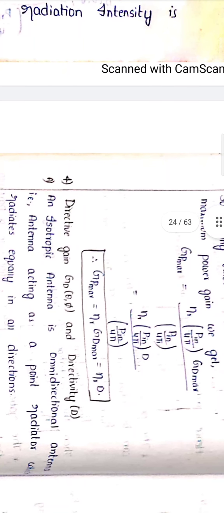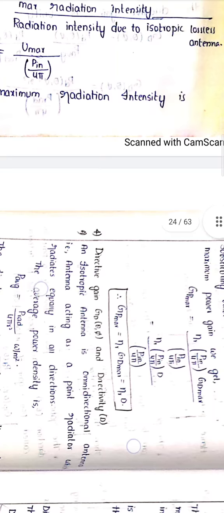If you substitute in this expression, P in by 4 pi and P in by 4 pi will cancel out. So at the end you will get GP max, which is equal to eta times GD max. GP is the power gain of the antenna, GD is the power gain of the antenna in a particular direction.